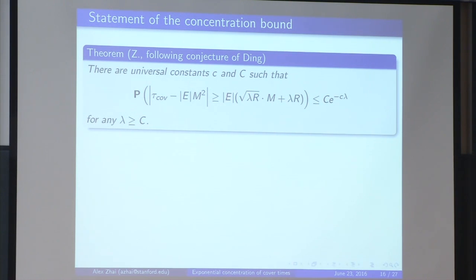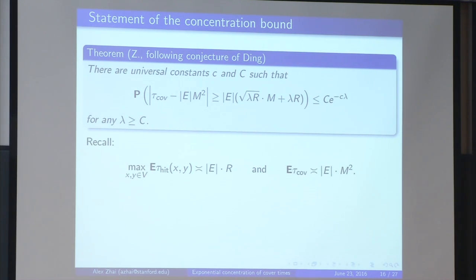As I was saying before, if root r is much less than m, then the cover time is actually concentrated around e m squared. Let me describe this another way. Recall that r times e is basically the maximum hitting time, and as we saw before, the cover time is basically e m squared.